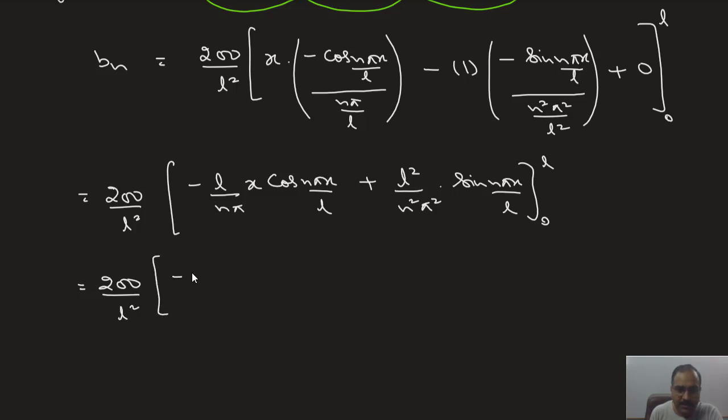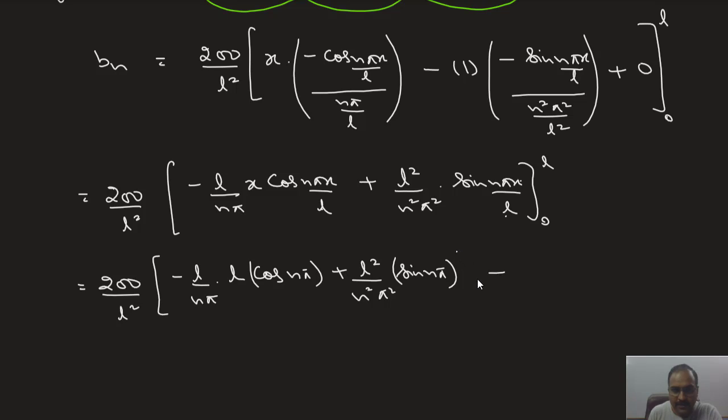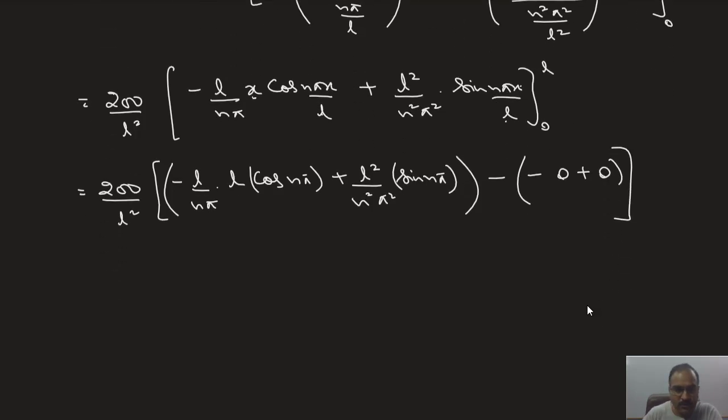Now upper limit minus lower limit: L over n pi, L into cos of n pi, L and L cancel out, plus L square over n square pi square, sine of n pi, minus lower limit 0. So minus, this is 0, 0 into something is 0, plus L square over n square pi square, sine 0 is 0. So this step is completed.